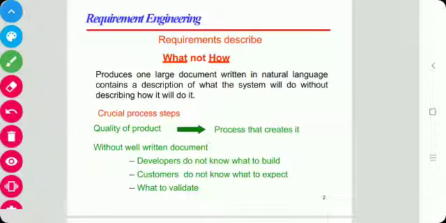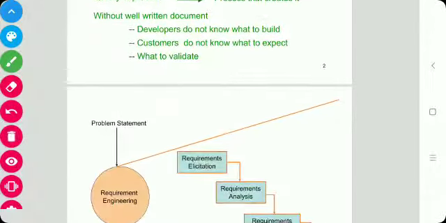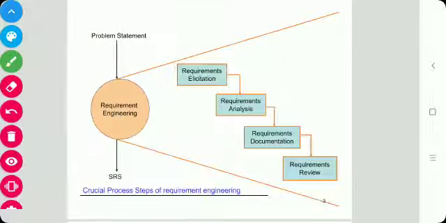The crucial process steps for requirement engineering are requirement elicitation, requirement analysis, requirement documentation and requirement review. The quality of the software product is only as good as the process that creates it. If we are using a mature process, then definitely the quality of your software product is good.